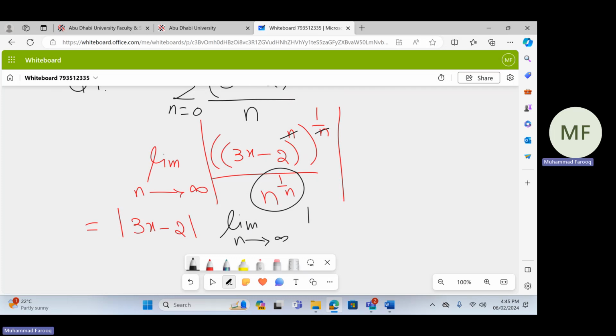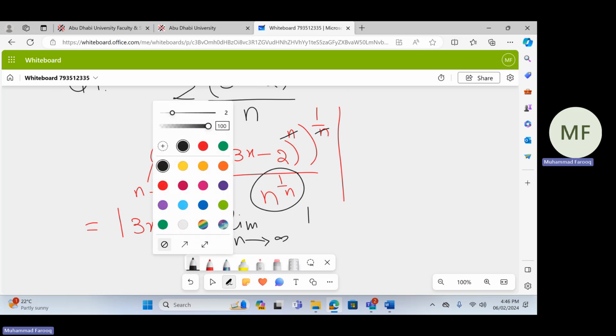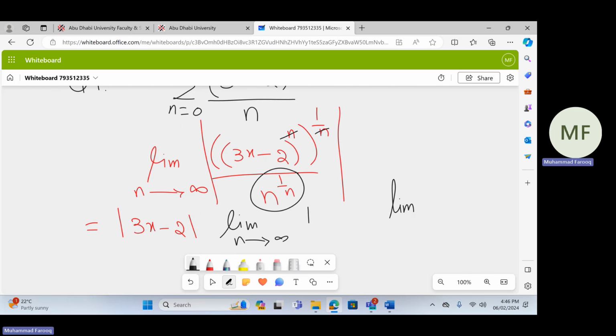So this one we already discussed in the root test. The result of n power 1 by n, when n goes to infinity, is 1. It is a property. I write it again: the limit as n goes to infinity of n power 1 by n.